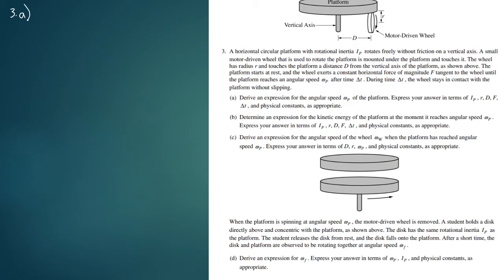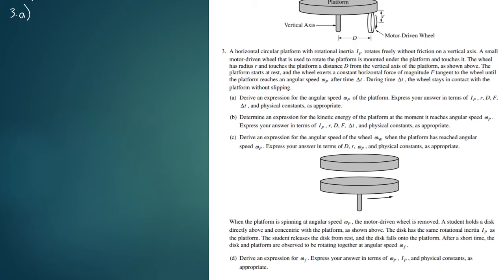Alright, and this occurs during time delta t, and it's constantly in contact, rolling or spinning without slipping. Okay. So it says derive an expression for the angular speed omega sub p of the platform. So that's after our time delta t. Express your answer in terms of all of these constants and all of these values.